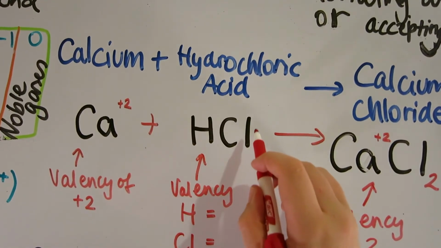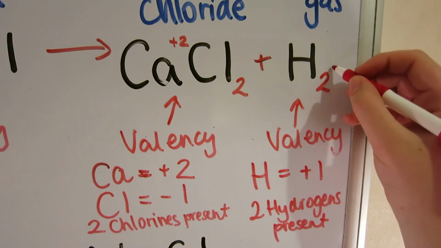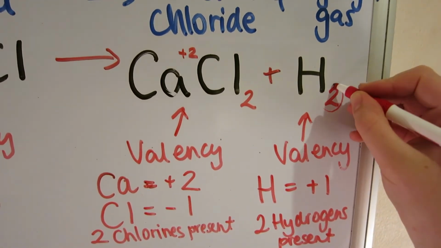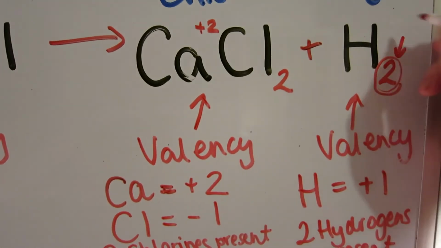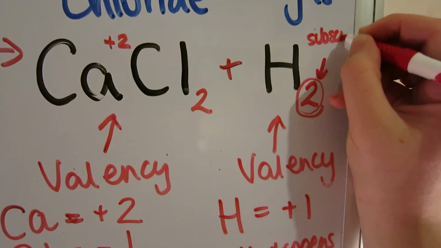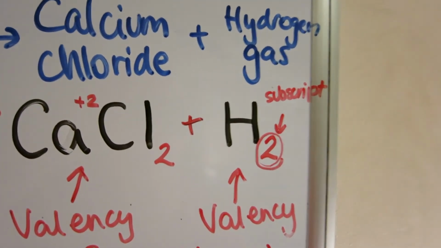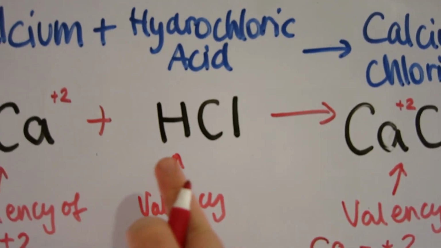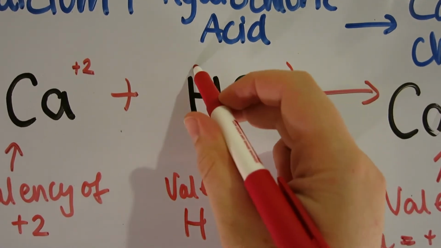So what we do, if you've got just one thing, you can put your number below, what we call a subscript. But when it's for 2 things together, imagine there's imaginary brackets.